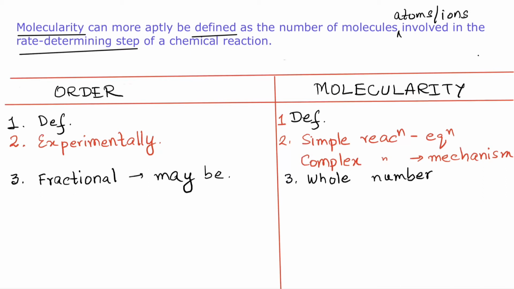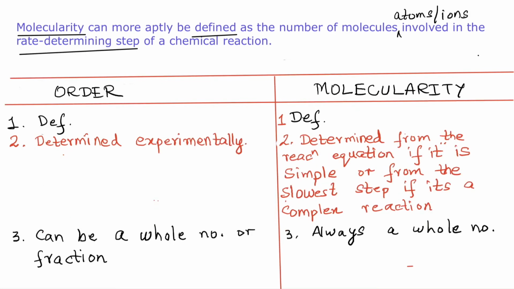What about the fourth point of difference? Yes, order is for an overall reaction, whereas molecularity, no, we don't say molecularity of the whole reaction, right? Molecularity is based on the slowest step, right?